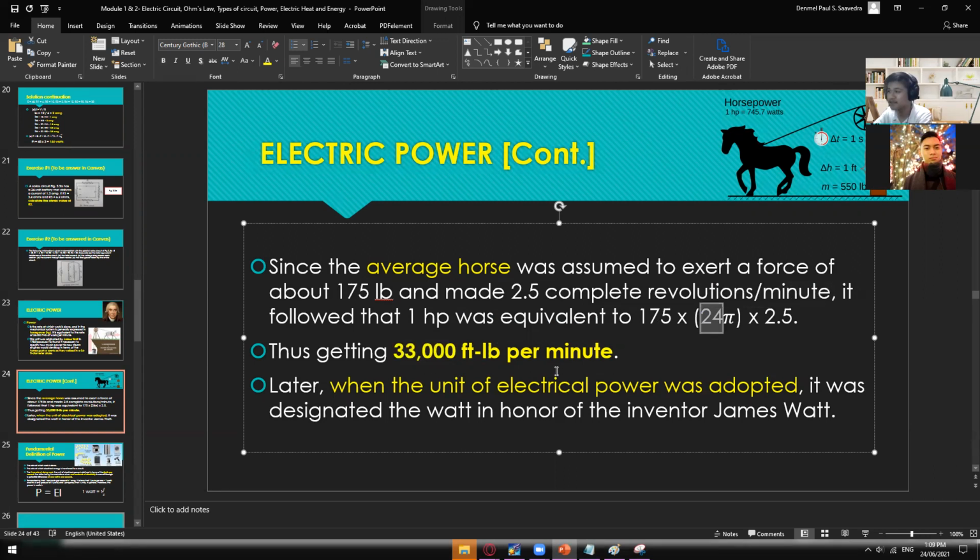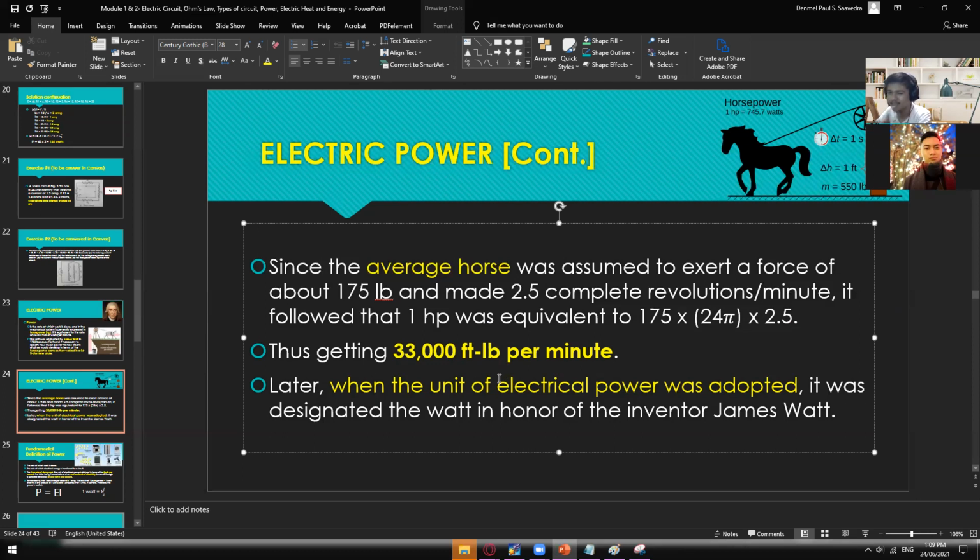That depends on what you're going to use. It could be 16,000 if it's a 12 foot diameter. It's just that he's the one who came up with this kind of value. So just stick with the 33,000. You don't need to learn more. Why is it 24? Why is it not 20?